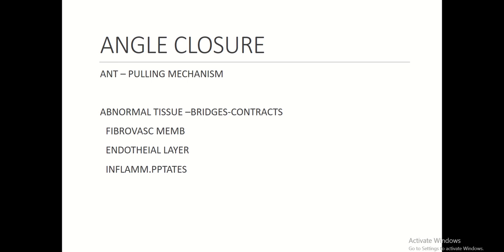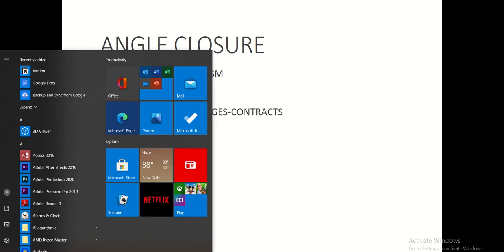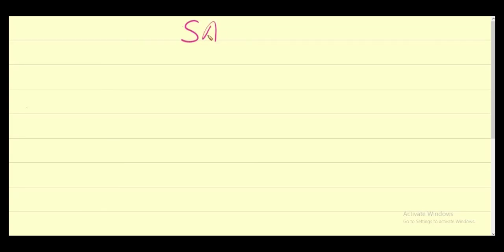This abnormal tissue can be a fibrovascular membrane, an endothelial layer, or inflammatory precipitates. So we are seeing the secondary angle closure glaucoma mechanism.